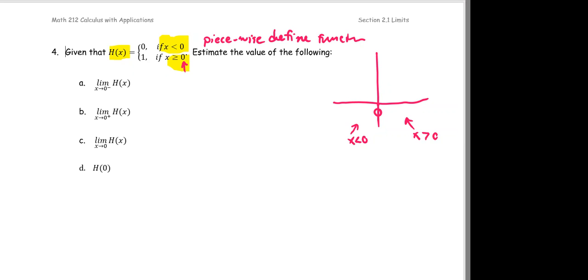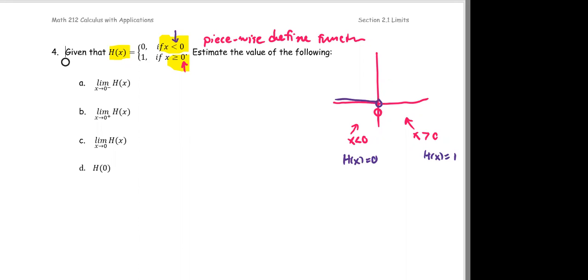If you want to put the function in graph form, if x is less than 0, not including 0, the function value is 0. I put a note here. So h of x, or the y, is going to be 0. And for x greater than 0, h of x equals 1. So the graph would look like a straight line y equals 0 on the left side, not including 0 because it is strictly less than.